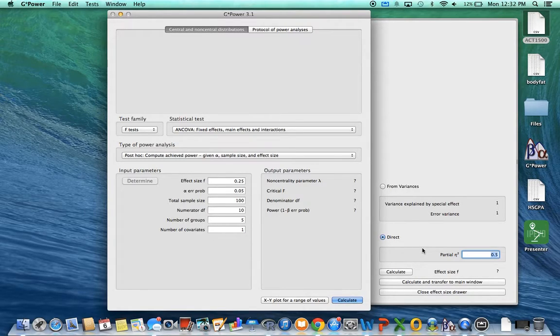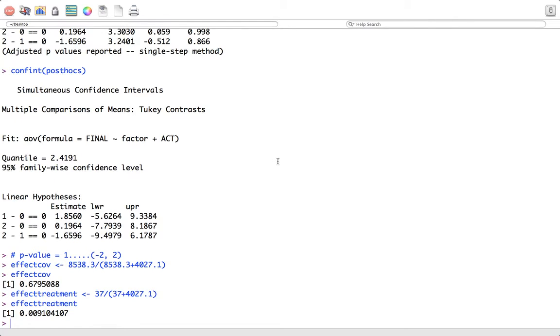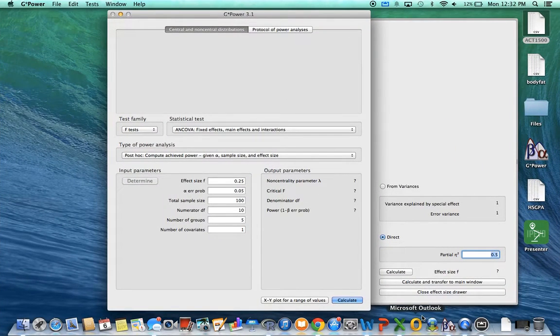So the partial eta squared for the covariate, darn it, I didn't write that down, was 0.6795. So I'll calculate and transfer. Okay, I see what happened.